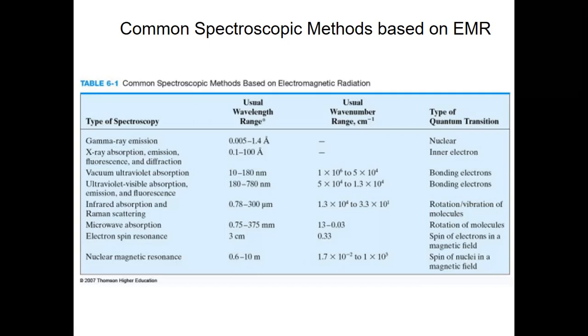You know, during X-ray, electrons in the inner core will transfer, therefore it involves inner electron transitions. And the gamma ray is nuclear. So this is the summary of the common spectroscopic methods available, right?